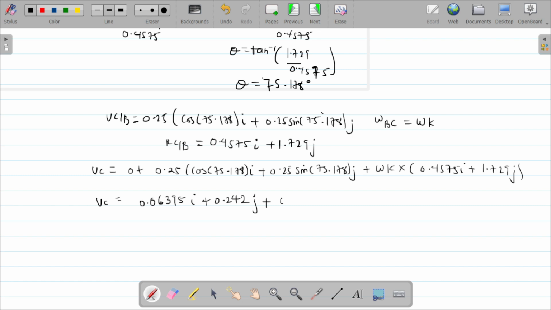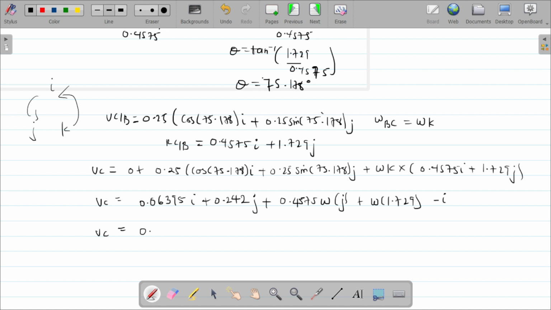So 0.4575 omega k cross i will be j. If you forget, just do ijk: k cross i is j. And then next we have plus omega times 1.729 k cross j, which is negative what? i.